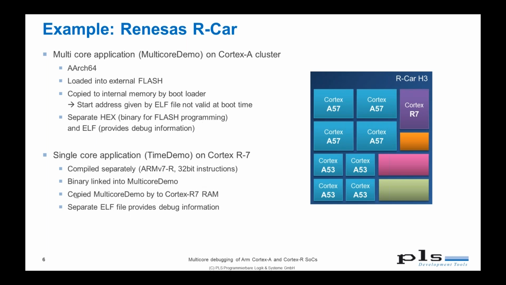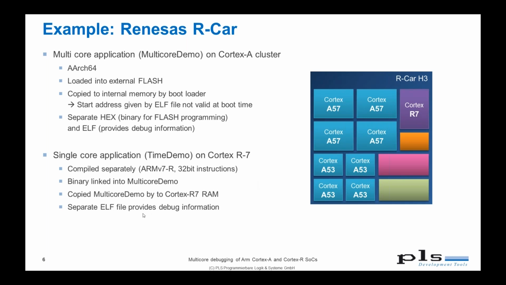So it is provided as a binary array and has to be copied to the R7 RAM. There is a separate ELF file created by the compiler to provide debug information for the R7 part.